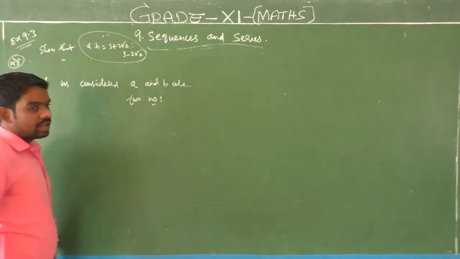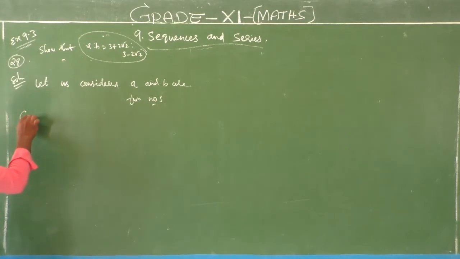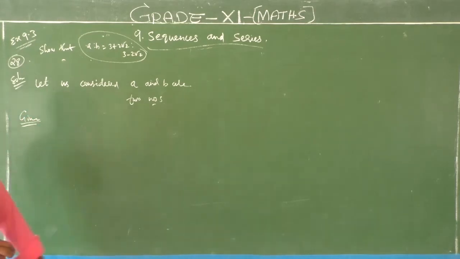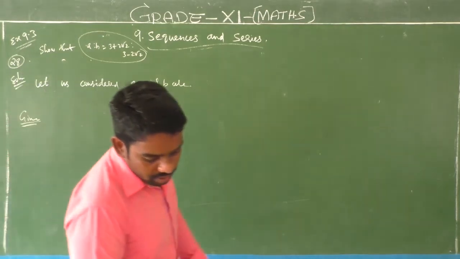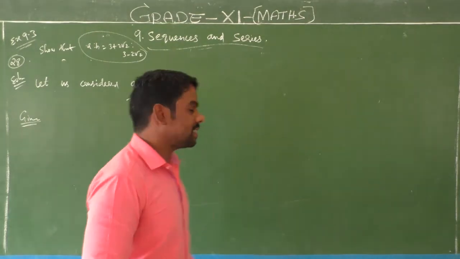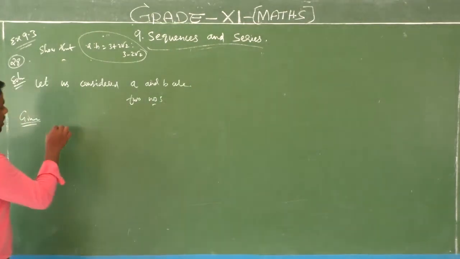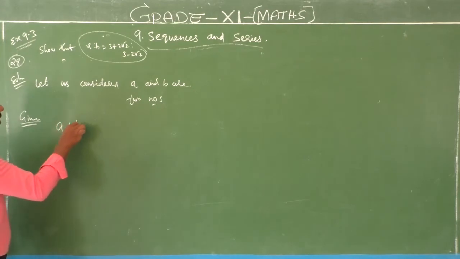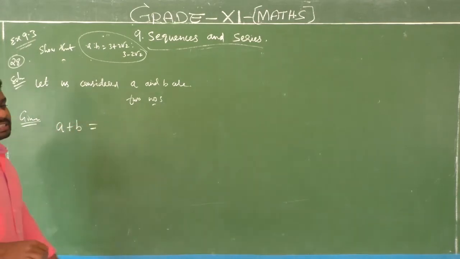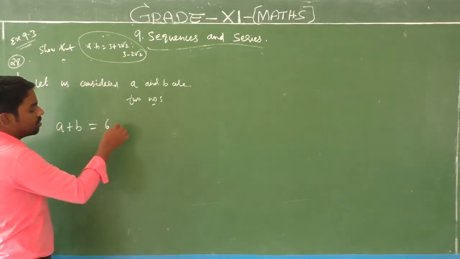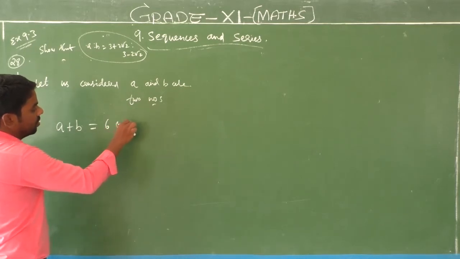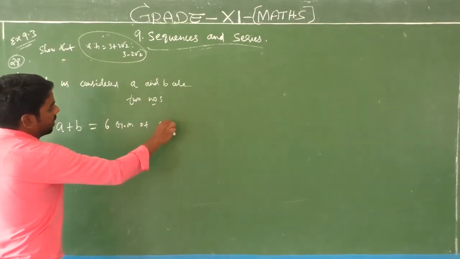Okay, right. And the given information is the sum of two numbers, that is a plus b, is 6 times the geometric mean of a and b.